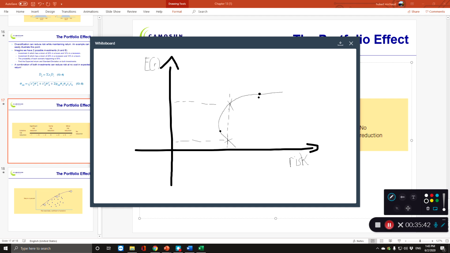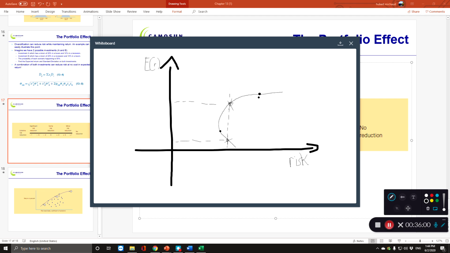Would you prefer to get more rate of return or lower rate of return for a given risk? So this portfolio strictly dominates this portfolio here. And so now we're starting to have portfolios that are completely useless, that no one should be investing in because they're strictly dominated by other portfolios.